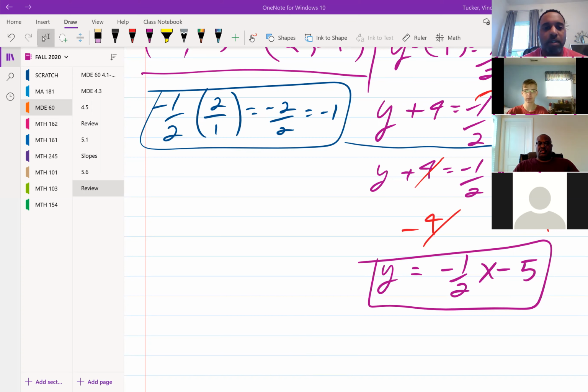Matter of fact, I think I went to the wrong one. You writing on my screen down there? My bad. No, you could, but I'm just messing. Let's see. Exponents. 5.3. You said 3, 5, and 7? Yeah, okay, I see it.